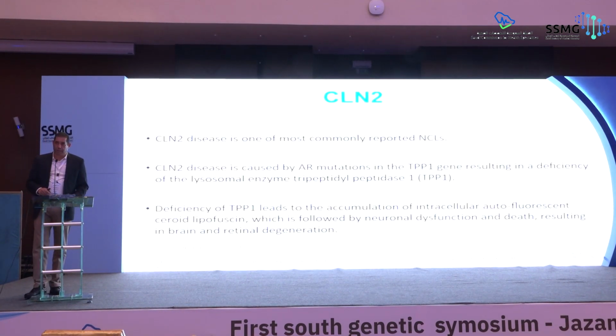One of the common NCLs in the kingdom is CLN2, an autosomal recessive genetic disease caused by variants in the TPP1 gene. This causes deficiency of the TPP1 enzyme, leading to deposit of lipopigment mainly in the neurons and the retina, and this leads to accumulation and neurodegeneration.